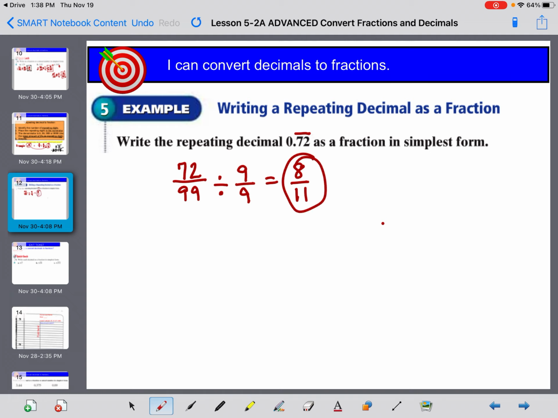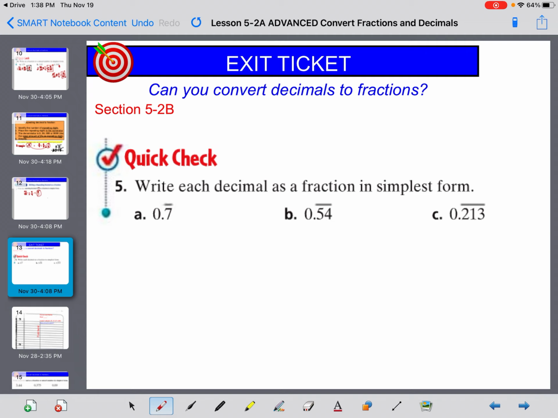If you typed 8 divided by 11 into your calculator, you would get 72 hundredths repeating. Pause the video, try these 3, then come on back to compare your answers to mine. Hopefully, for the first one, you got 7 as the repeating digit, so 7 over 9, and it's already simplified.